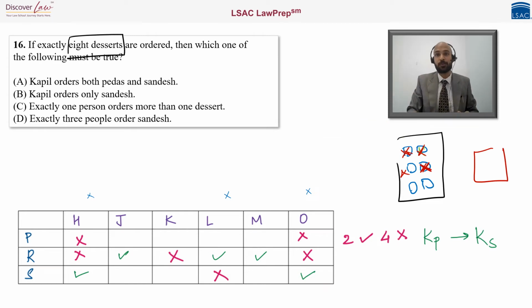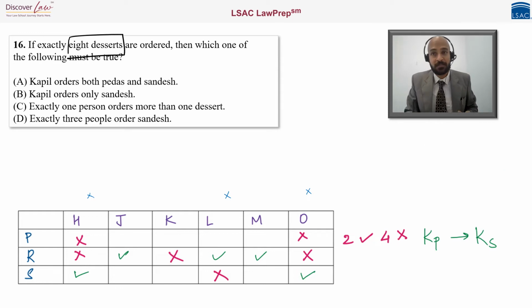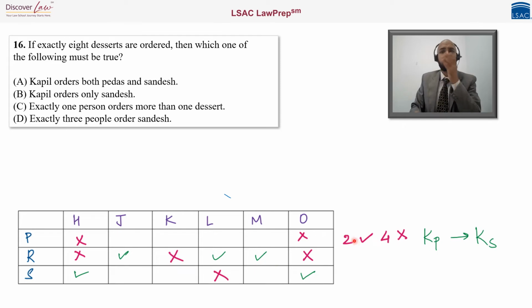If you want, you can still pause the video and think about it by yourself before you listen to what I'm saying. Now, the other interesting thing here is that it talks about the desserts that are ordered, not so much about who ate them. And that's another very important line of thought. So let's look at the desserts one by one without focusing so much on the people. You'd see when we solve this that the people as such don't matter so much.